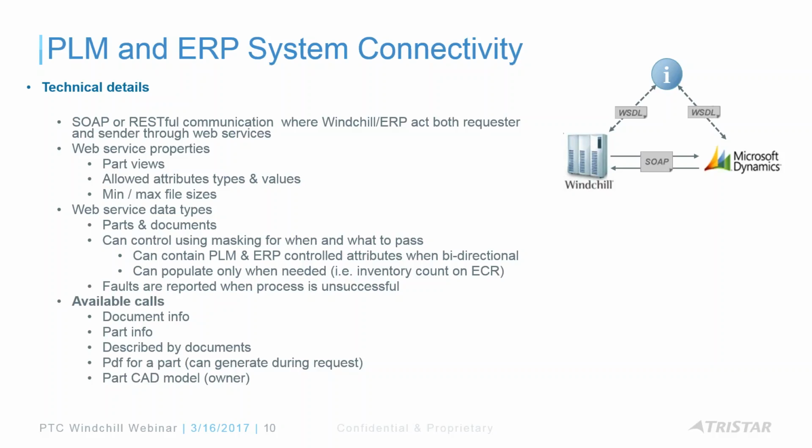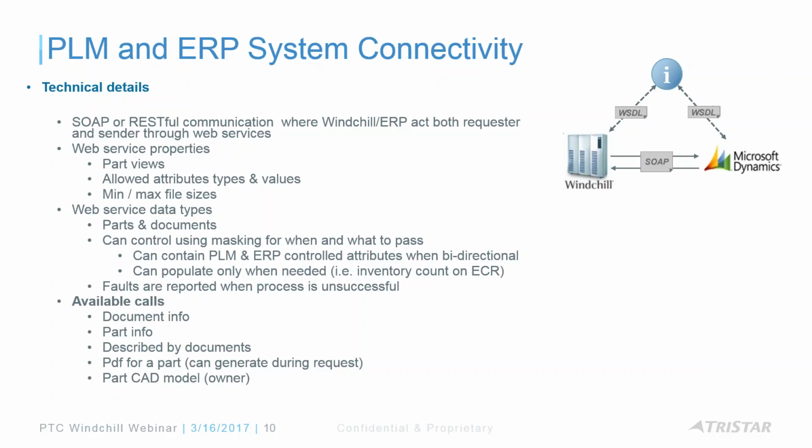So those could be checks and balances between the systems if you want to automate that information. We can also pass things like documents from Windchill to ERP systems. So PDFs being one, but other documents for packages, for transmittals that need to be put into not only ERP but other portals.